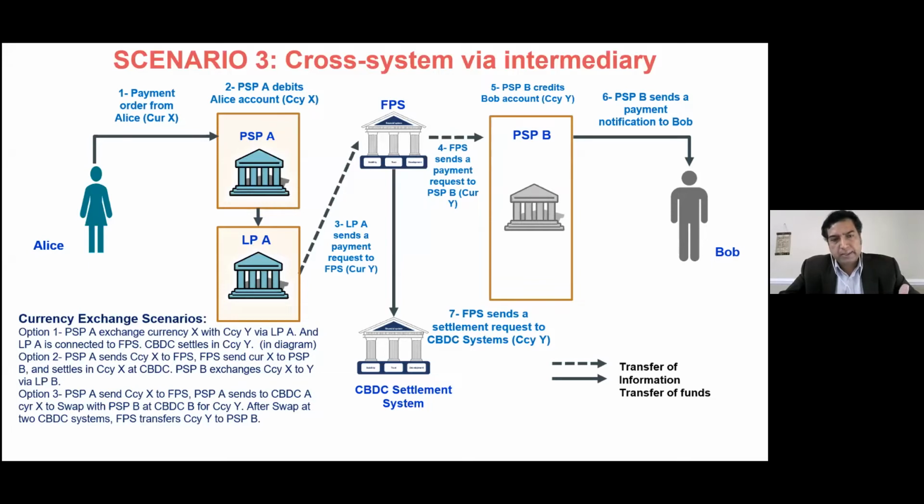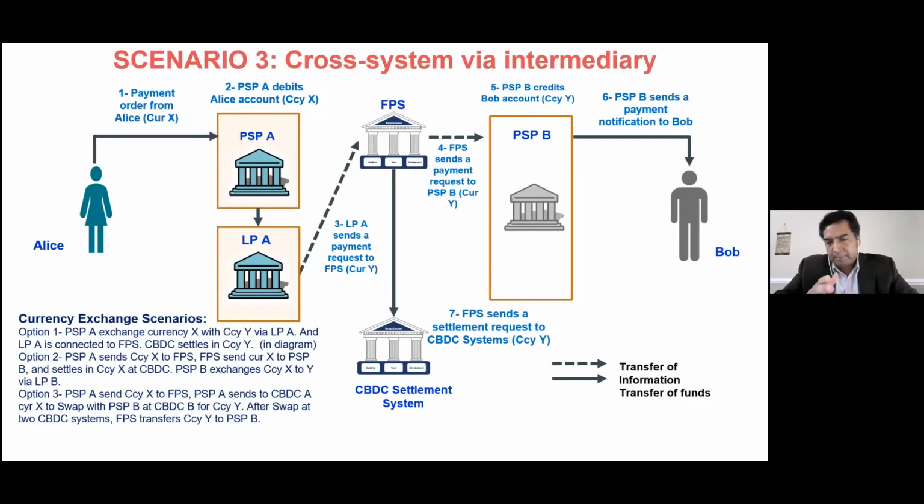You could consider currency X representing CBDC and currency Y representing, say, a regular currency. So in this kind of scenario, you have to have a third party coming in who is represented as a local participant A. The local participant is the one who interfaces with Alice's payment service provider, and is sending instructions to the fast payment system on which the local payment service provider is connected. And that particular system is going to do now what was done in the previous scenario, to be able to exchange with the CBDC settlement system and make it easy.